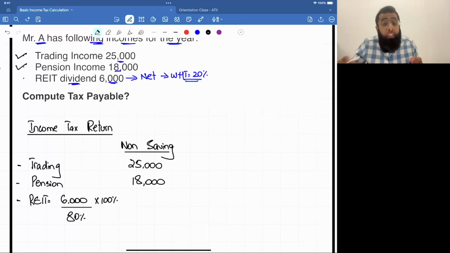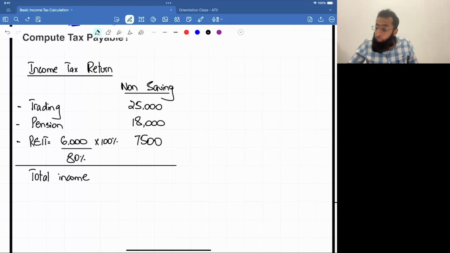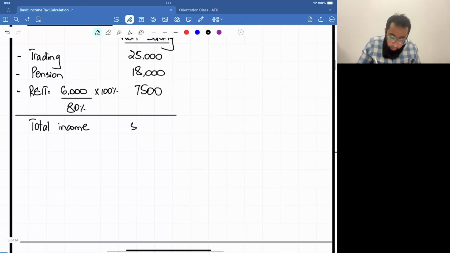It's net, we need to gross it up. So what's the gross amount? The actual income, that's 7,500. Okay. You add them up to arrive at the value of total income. 25 plus 18 plus 7,500. So it's 50,500 as your total income.